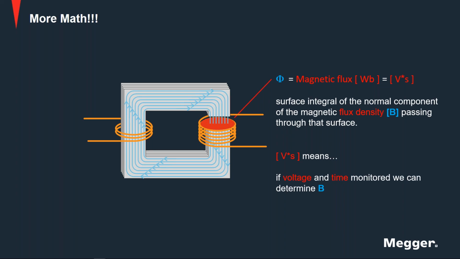So how does this relate to the testing and the normal everyday operation of this transformer? Now that we have our coils and our ferromagnetic core, how is this transformer going to behave when it's in service?